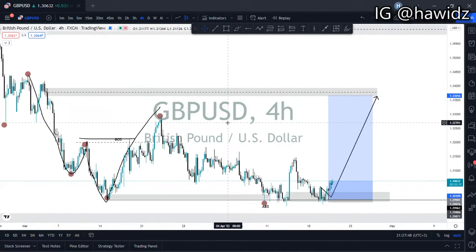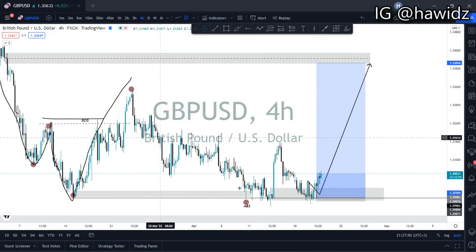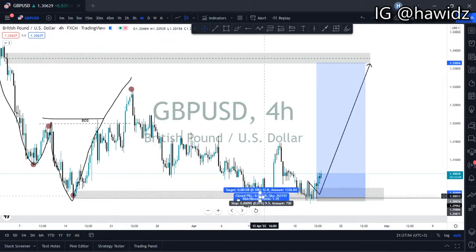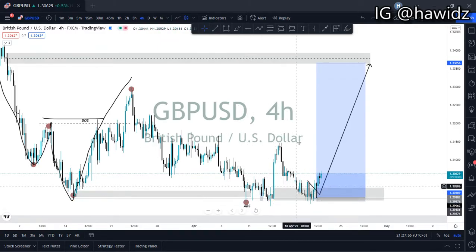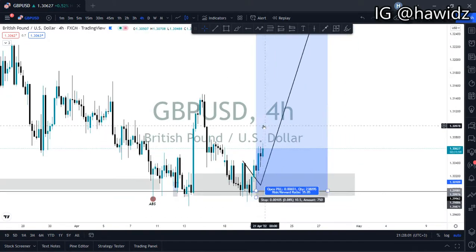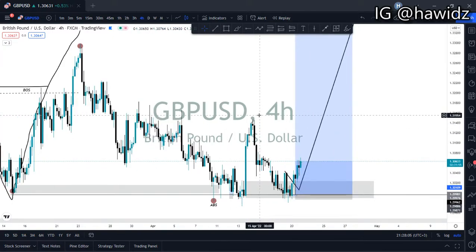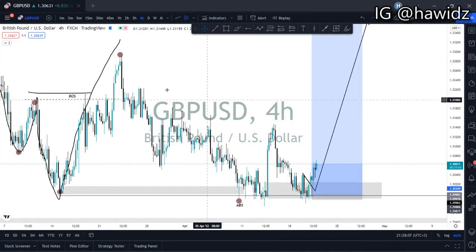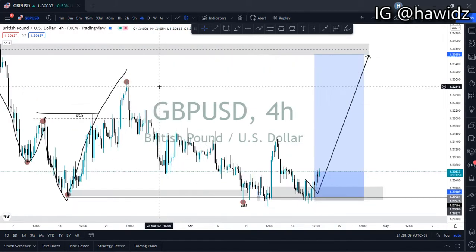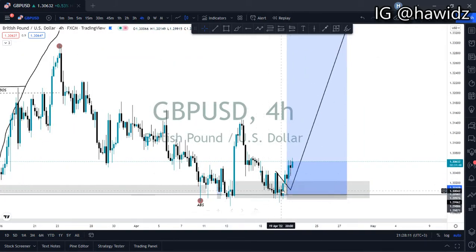So I waited for this, and the minute I saw this, I did take some trades here. I did catch this move, although this retest here took me out at break even, and there's no hard feelings on that. So until recently, price was just doing a little bit of consolidation down here.